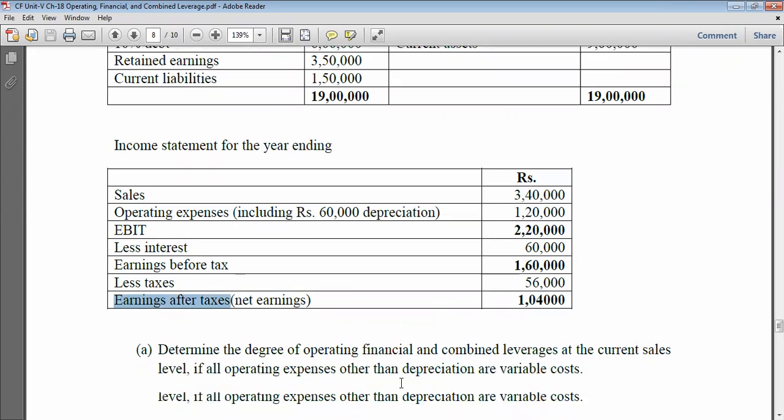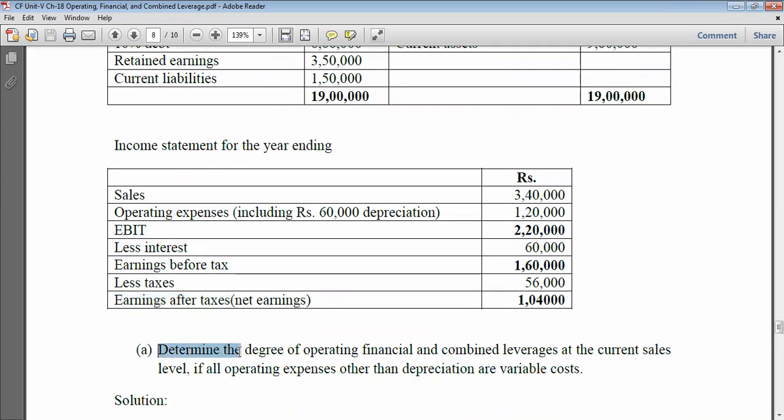And what you have been asked: determine the degree of operating, financial, and combined leverages at the current sales level, if all operating expenses other than depreciation are variable cost. See, they have clearly mentioned all operating expenses other than depreciation are variable cost. The meaning of this sentence has to be understood by the students.